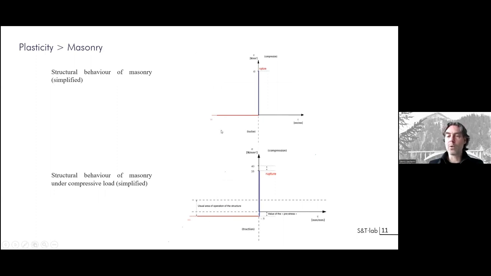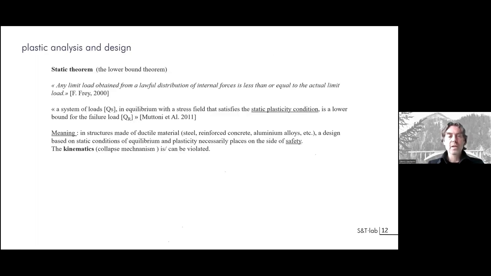So you can also apply the plastic theory to materials that are fragile, that have no ductility at all. So what are these two theorems? The first theorem says that the limit load you obtain with a load-carrying solution of internal forces will give you a result that is less than or equal to the actual limit load of a system.